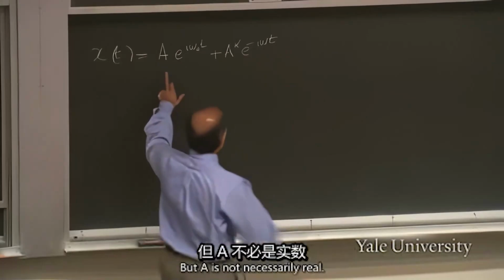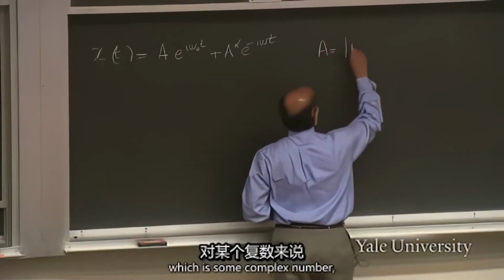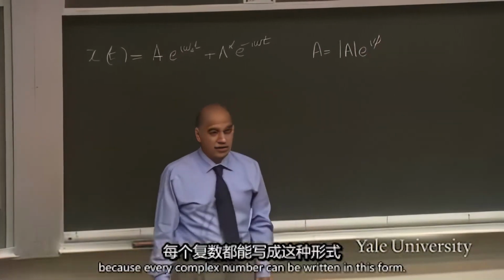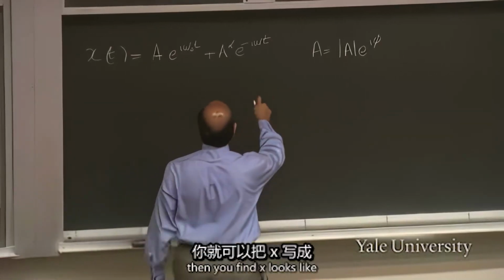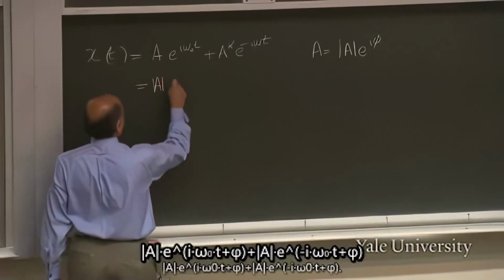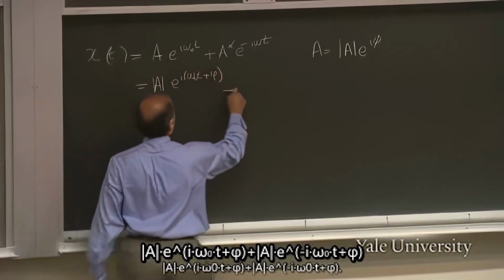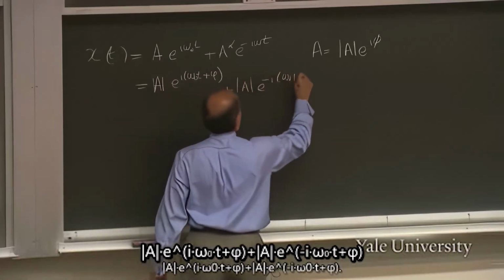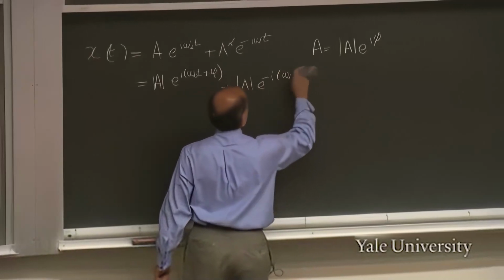But A is not necessarily real. The complex number A has a length and it can have a phase, because every complex number can be written in this form. So if you remember that, then you find x looks like absolute value of A e to the i omega 0 t plus phi, plus absolute value of A e to the minus i omega 0 t plus phi.